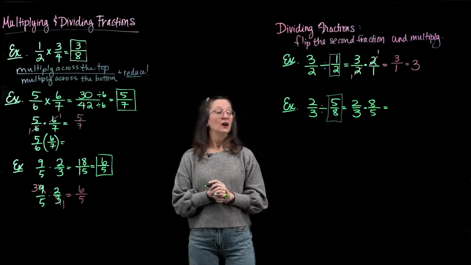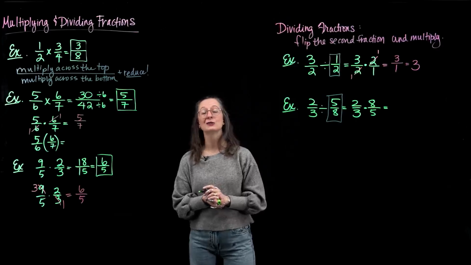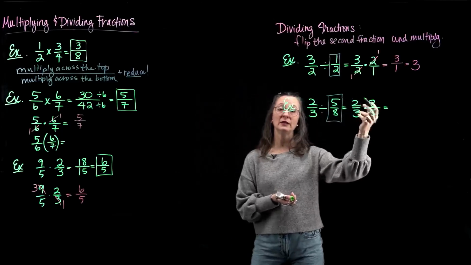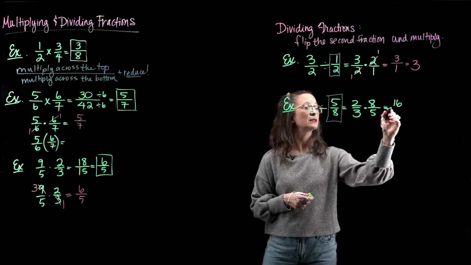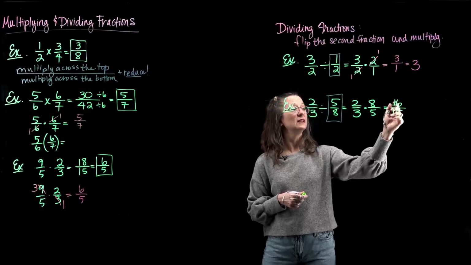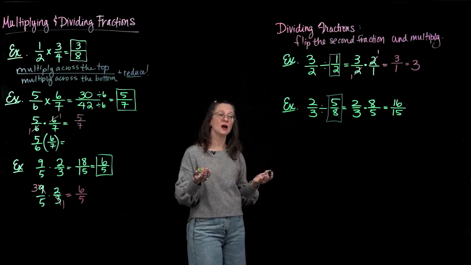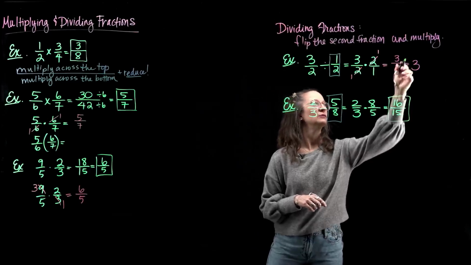So instead of 2/3 divided by 5/8, we're going to write it as 2/3 times 8/5. I don't see any common factors here, so I'm just going to multiply straight across. 2 times 8 is 16, 3 times 5 is 15, and then I'd take a look at 16 over 15, make sure they don't have any common factors. They don't, so that's going to be my answer.